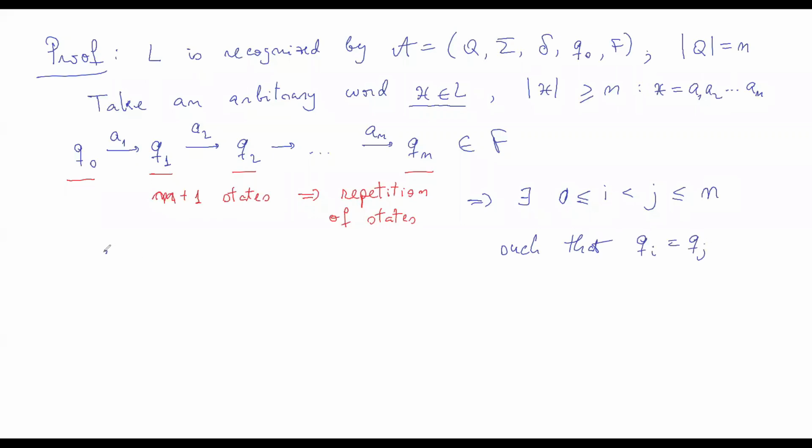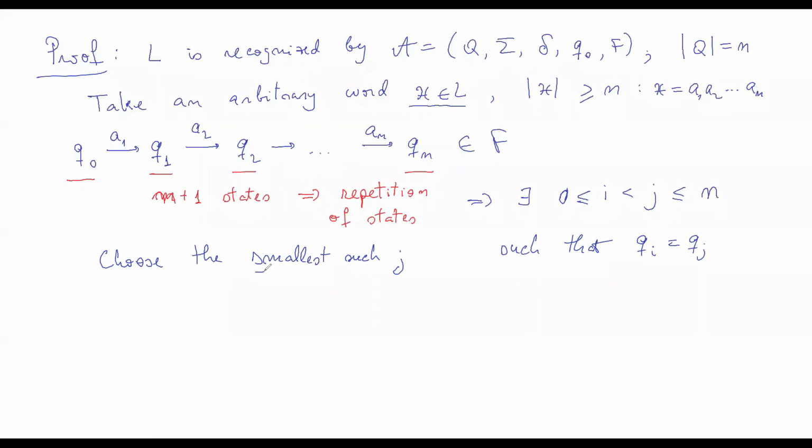And you can also just choose the first occurrence of such a pair. So you choose the smallest such J. So it's really going to be the first time you have a repetition of states.